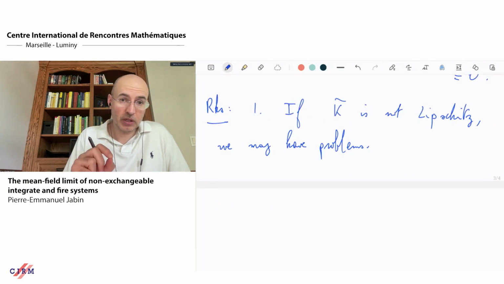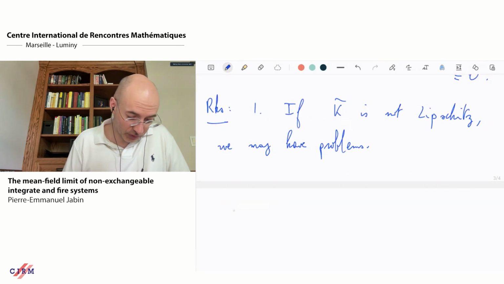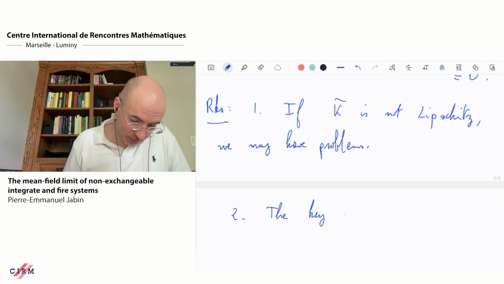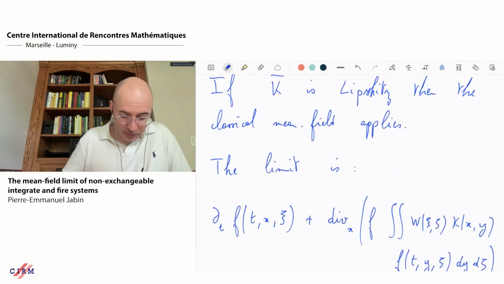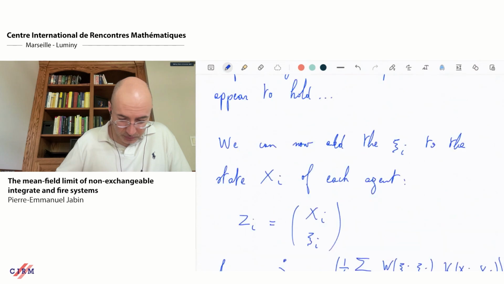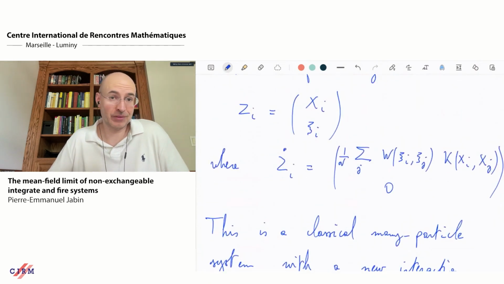However, we can refine this remark a little bit in the following sense. The key is that k of x, y is Lipschitz. And that's because you see that in the system the psi I are given, they are fixed, because I don't have time dependent weights here.